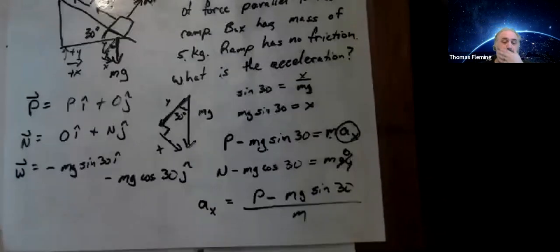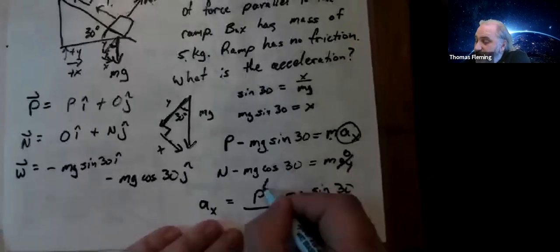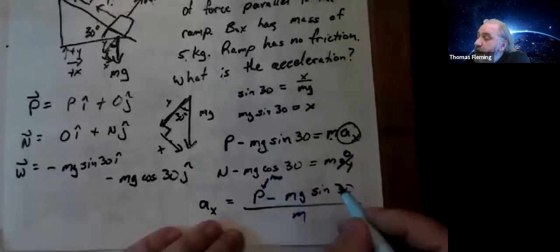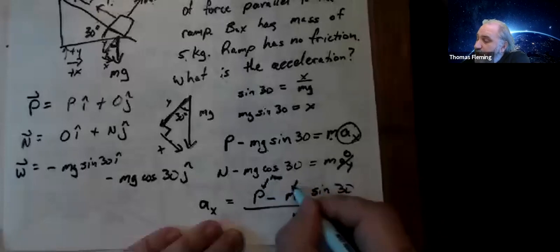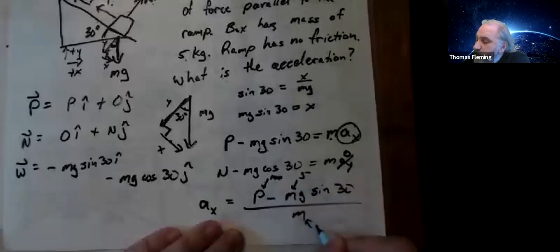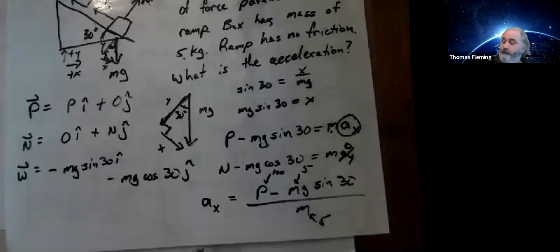Piece of cake. So I plug in. That's 100, we said. M was 5. So 100 minus 49 times sine of 30, divided by 5.